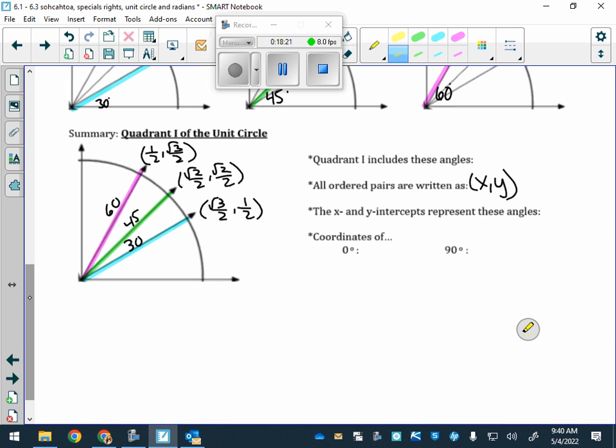Well, we have these two bookends here. Okay? We have these two bookends. Which would be what? What did we just create? 90. So the top should be what degree?